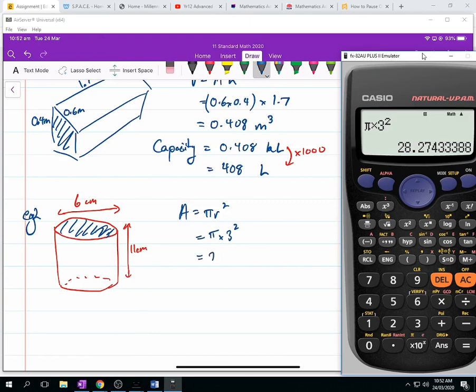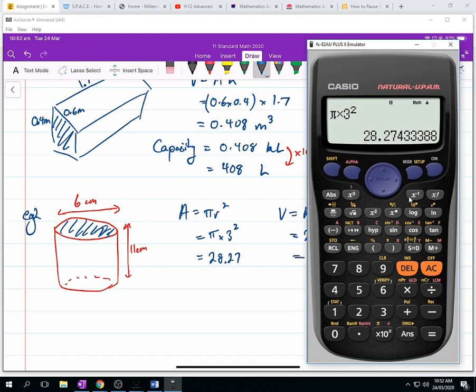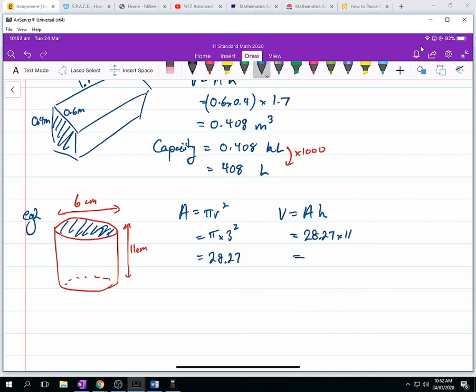And then I would work out the volume by multiplying that area, 28.27, by the height of 11. So 28.27 times 11 gets me 311.01 cubic centimeters.